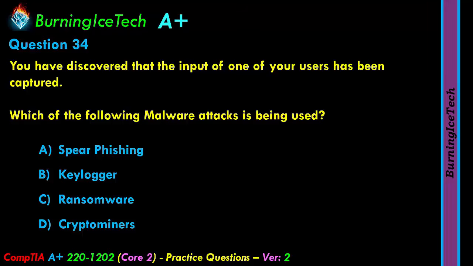So it's a form of social engineering, but I'm specifically targeting a specific person at your company, maybe an IT person or a CEO or just someone in general I don't like. But it does not capture the input of a user. So it's not A.